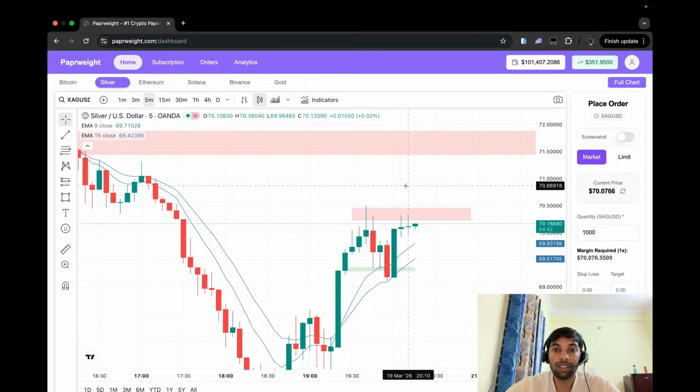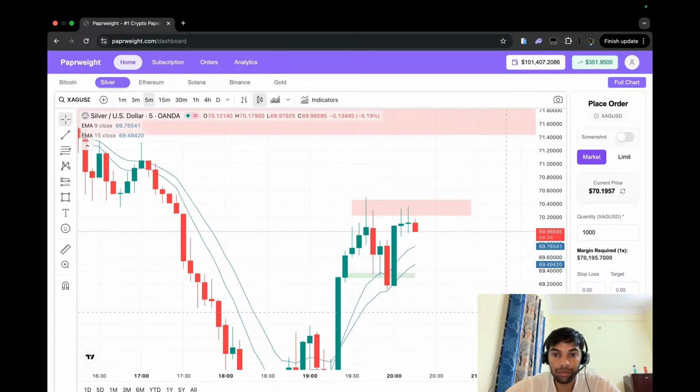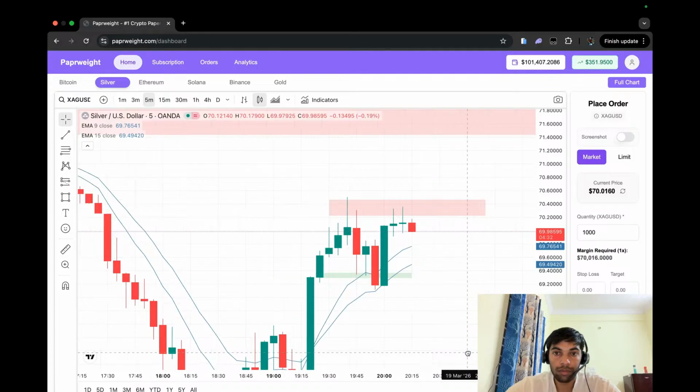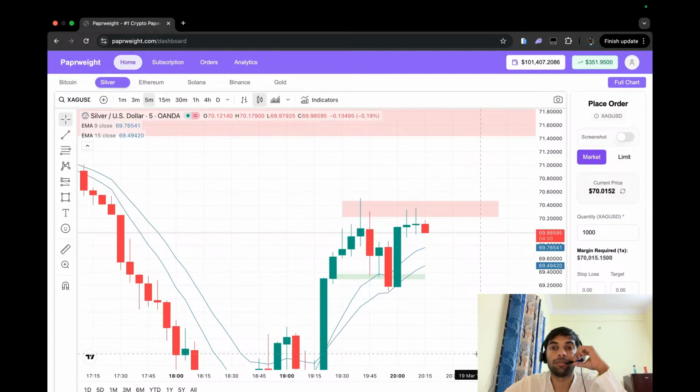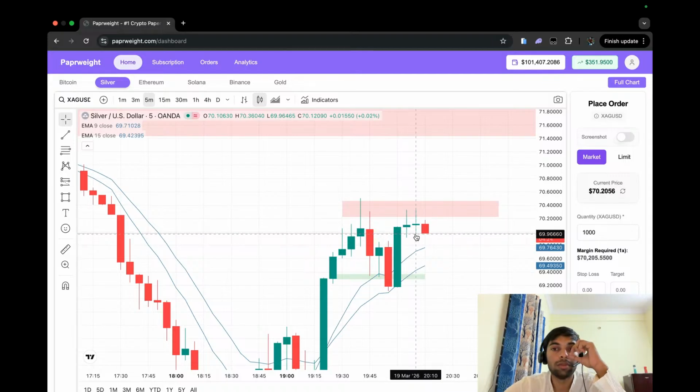Already crossed this, but the market is facing difficulty. But you can see that buyers are shifting from here to here. That's what I can see.